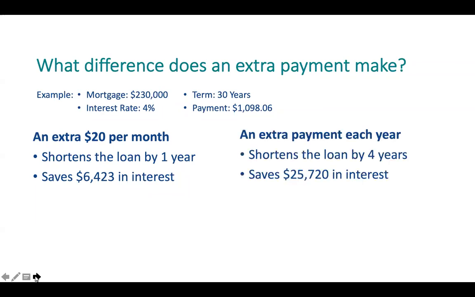Okay. If you make that extra payment each year, whether you use a lump sum, like a commission check or a bonus or a tax return, that's just one payment. So it's a one-time payment of $1,098. It would actually shorten the loan by 4 years, which I feel is pretty significant on a 30-year loan. And it would save you $25,720 in interest. And again, that's just one extra payment a year.